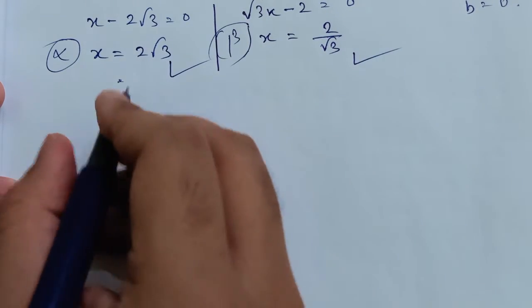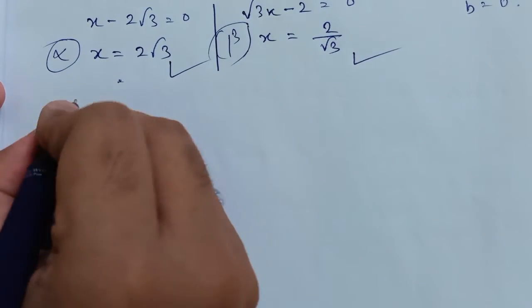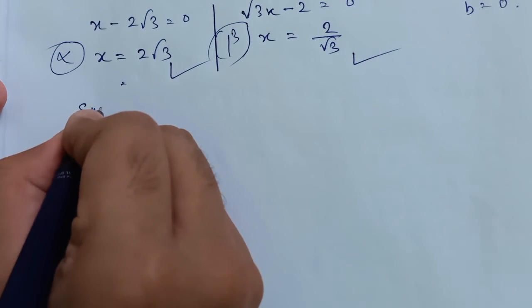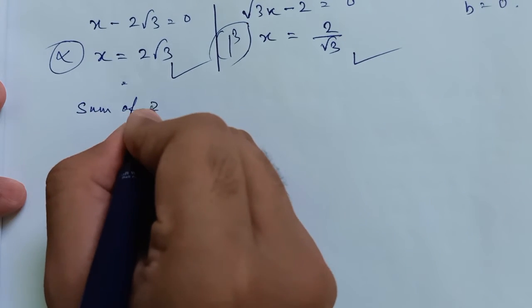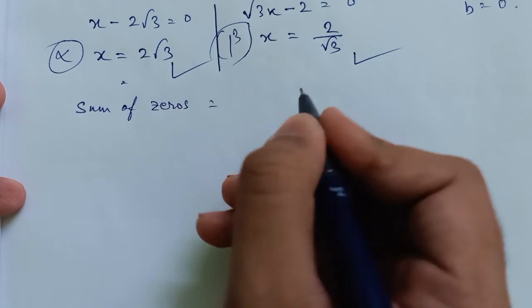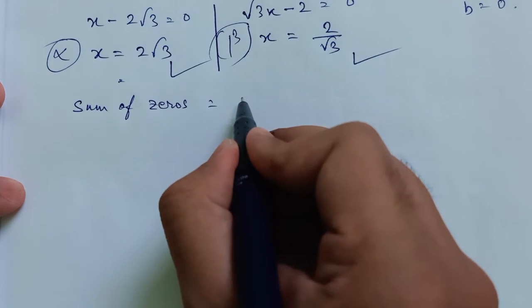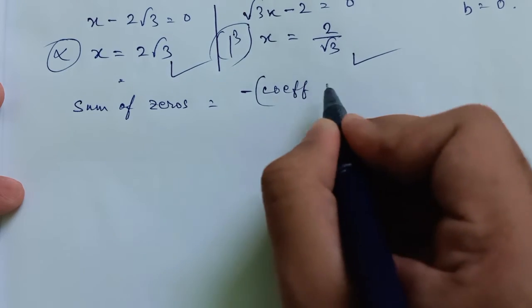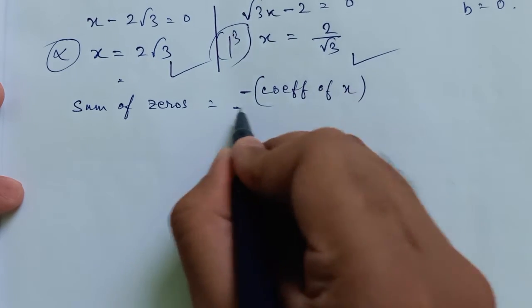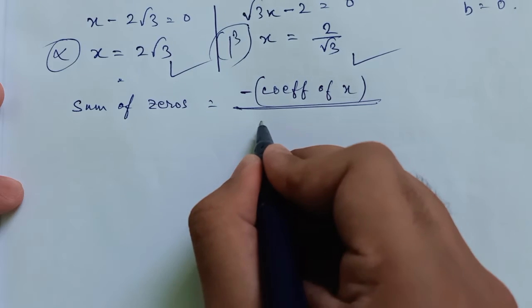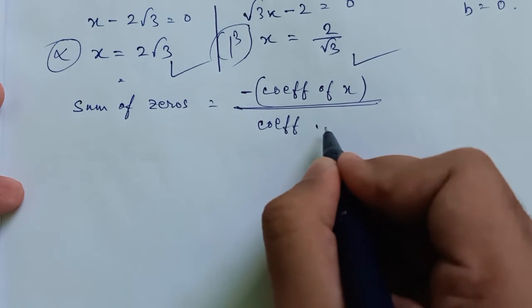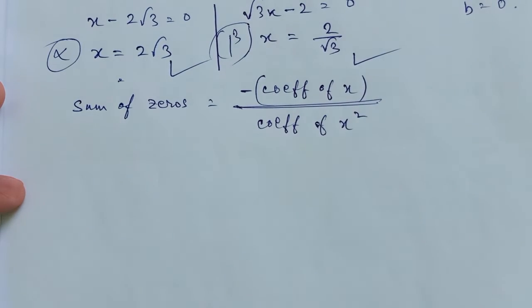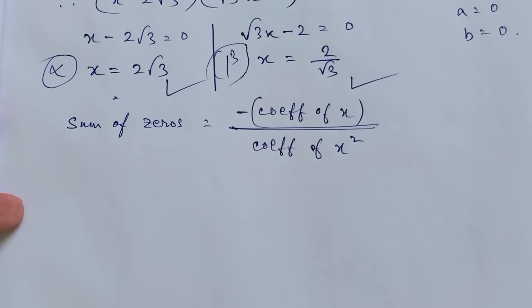To verify, what was the relation? That is, sum of zeros is equal to minus the coefficient of x upon the coefficient of x square, right? This was the formula, this was the relation.